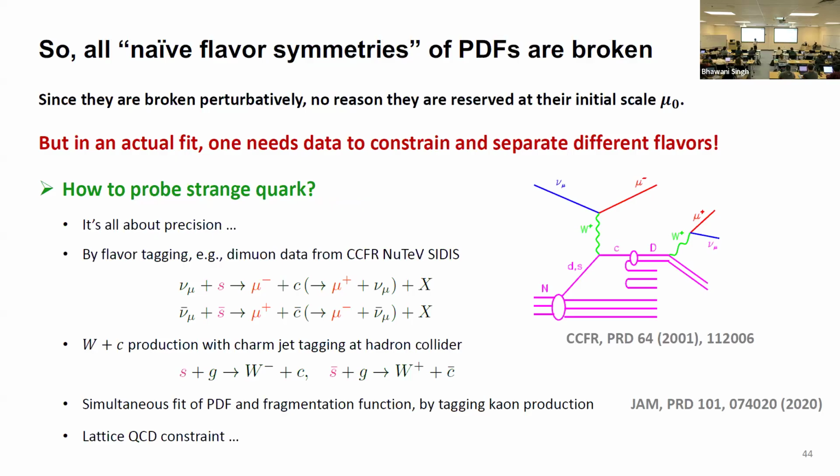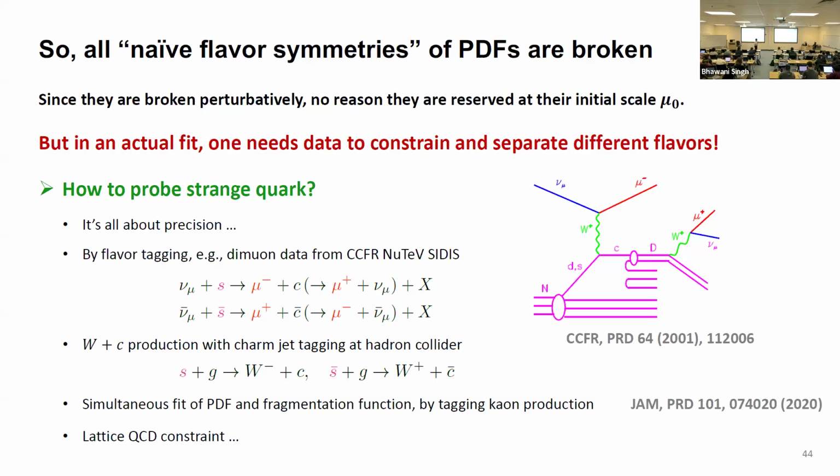And this is still an ongoing effort. There are a lot of PDF fitting groups, they try to constrain the strange quark, and try to distinguish strange from anti-strange, but this issue is not settled yet. And the major issue is about precision, because we have some old data from, as you can see, the paper I'm citing is 2001.